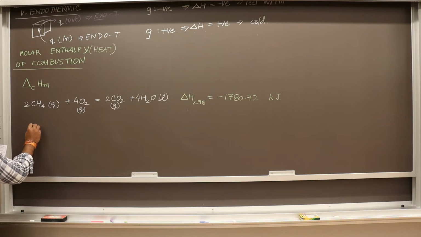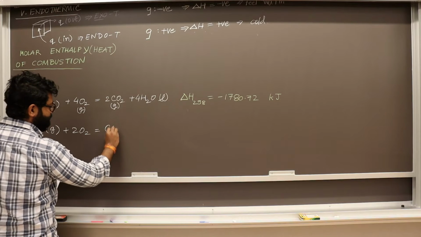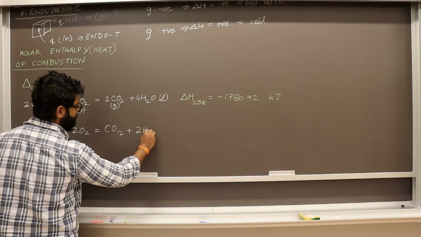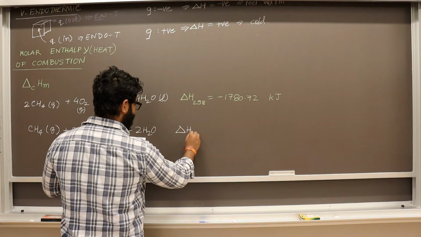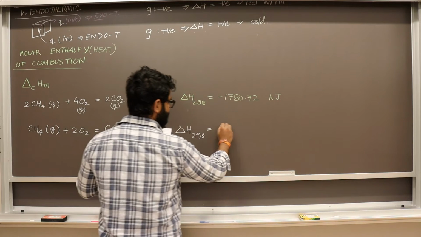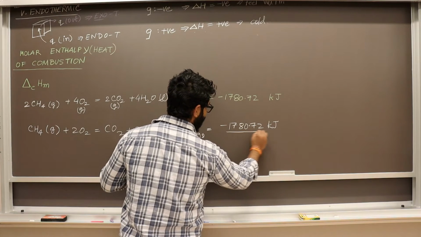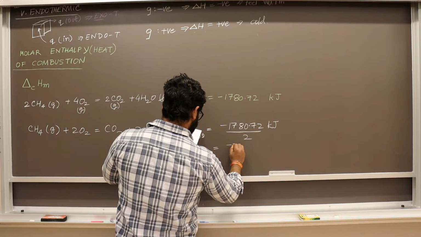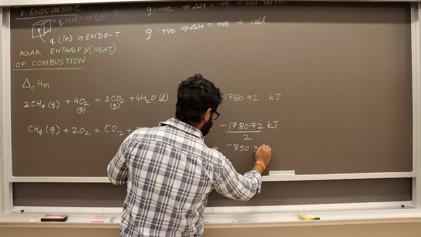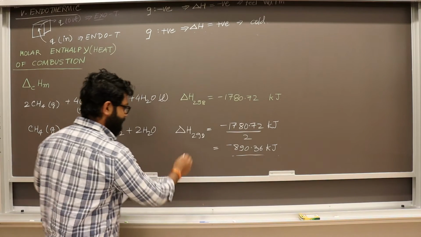But if you are just burning 1 mole at 298, it is just divided by 2, which is minus 890.36 kilojoules, okay? This will be the delta H.